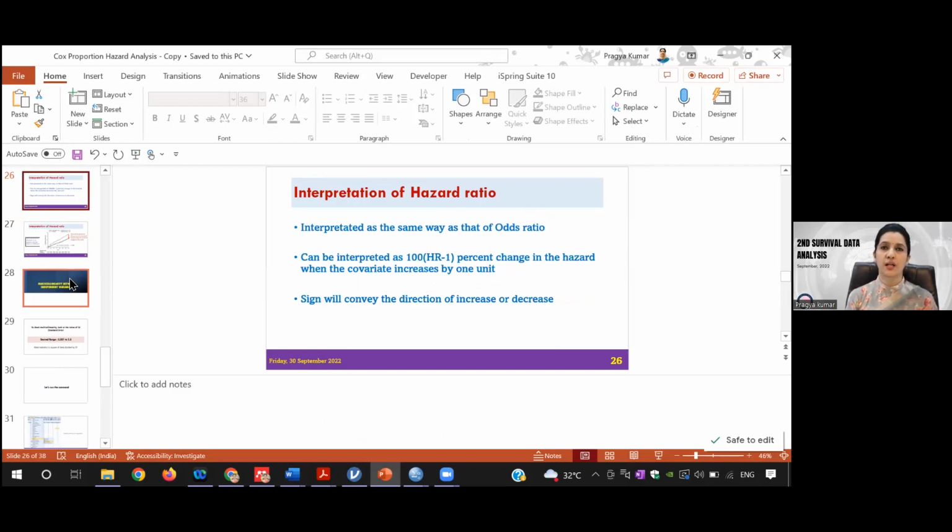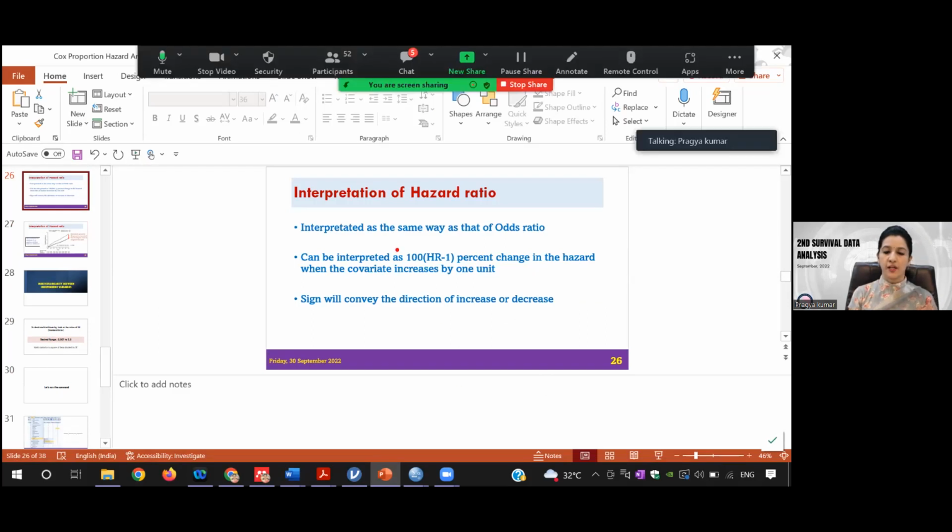That is just to convert this fraction into a percentage. It is just a way of interpretation, like we did in the logistic regression. It tells the percentage change in the hazard when the covariate increases by 1 unit.